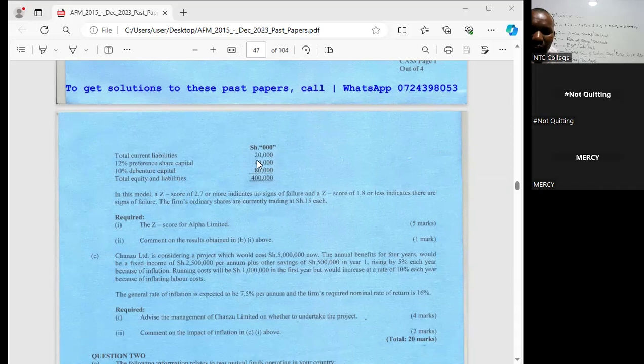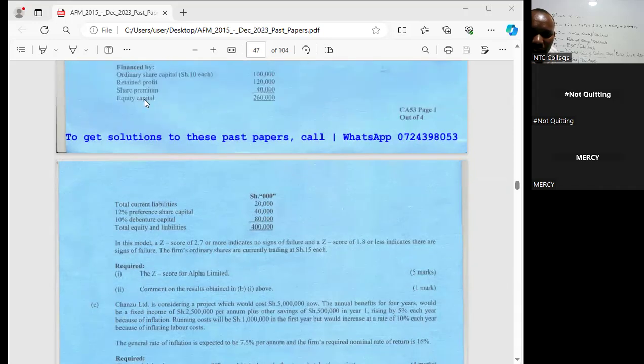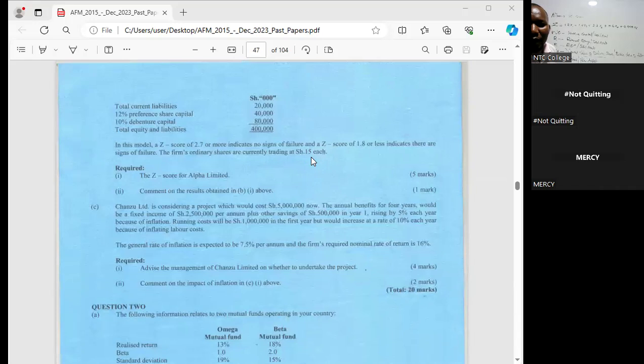These are the book values, what you are seeing in the book here. But for shares, we shall get the ordinary shares only, not retained earnings, not premium. The par value is 10, so you can divide 100 by 10 to get the number of shares. Those shares you multiply by 15 to get the market value.